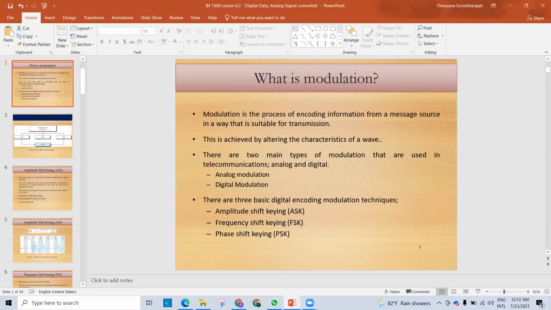So, to understand how digital data is converted into analog signal, first of all, we should understand the concept of modulation. Modulation, in the sense, is encoding information in a way that is suitable for the transmission, because not all forms can be transmitted. To transmit over guided or unguided media, there should be a specific form.